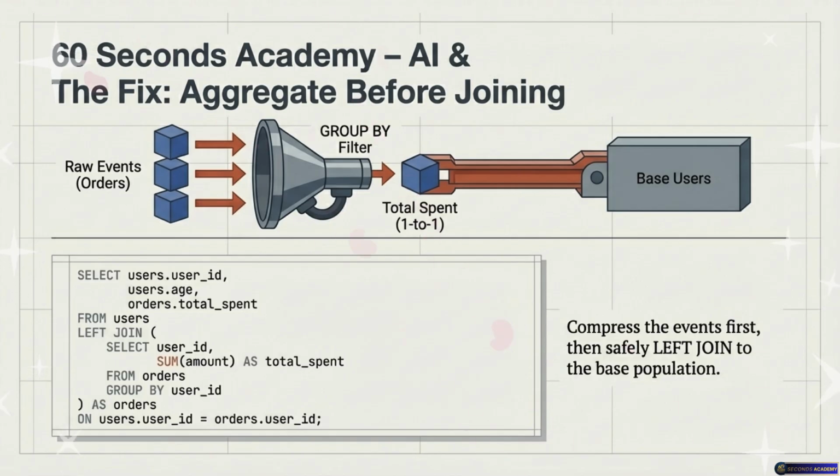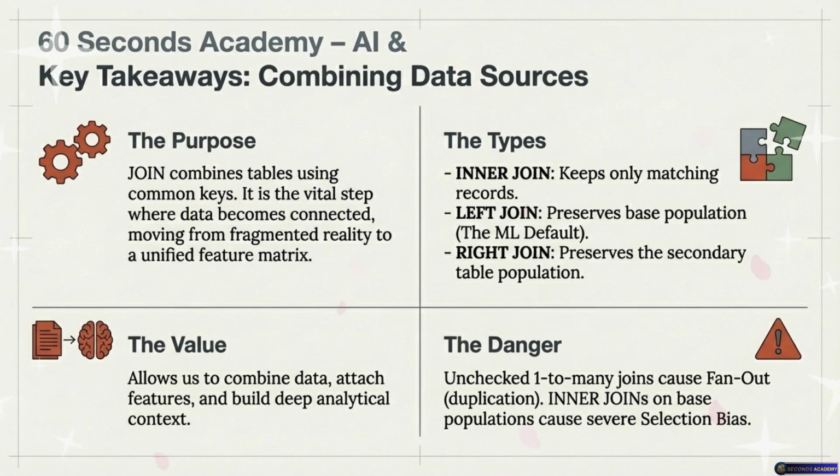That is brilliant. Let's zoom out and summarize this framework, because the mental model here is really what separates a beginner from an industry-ready engineer. Absolutely. We start with the reality that database architecture shatters information for storage efficiency. The pipeline you build to reconstruct that reality flows in a very specific logical sequence. Yep, it's a step-by-step process.